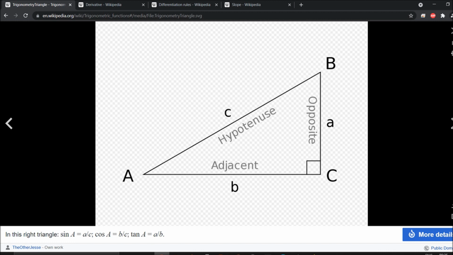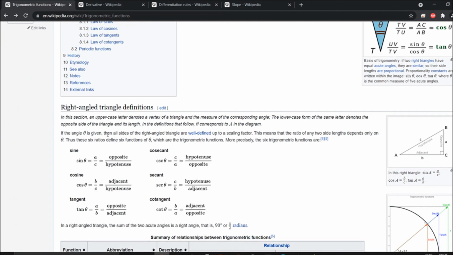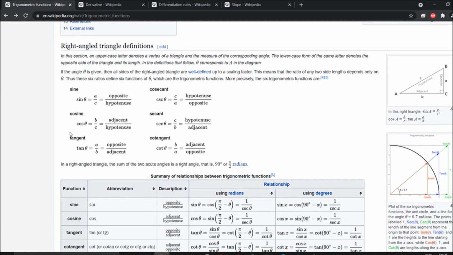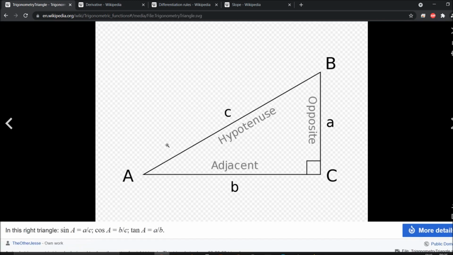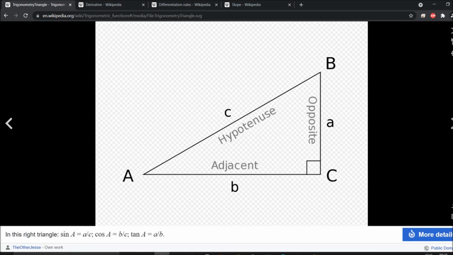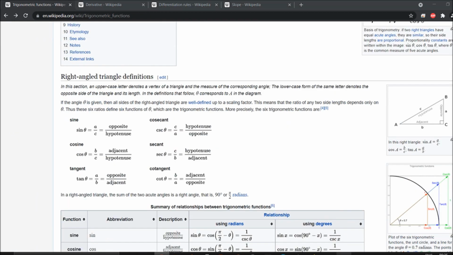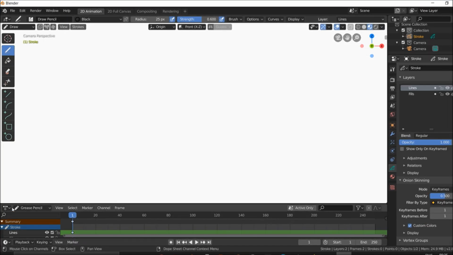So we'll deal with this formula: right angle triangle definitions. What are sine theta and cosine theta? All of this deals with this part, which we have already done. So let's take this part and I will explain how we deal with these things.